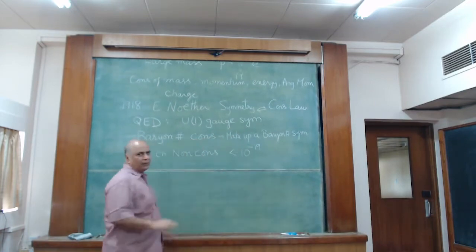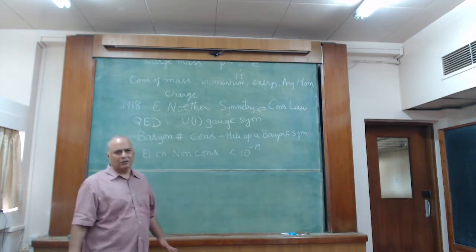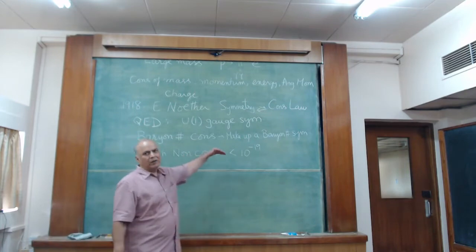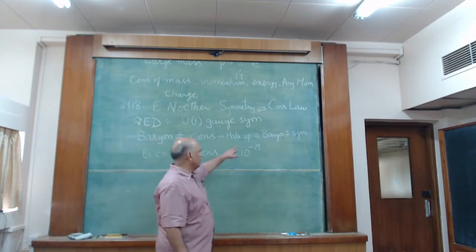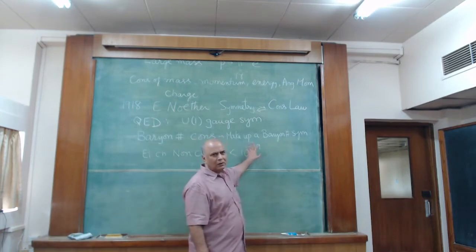I should put less than, because nobody has seen a violation of electric charge conservation. So we set an upper limit on electric charge non-conservation. This number is, if not 10 to the minus 19, 10 to the minus 18. It's a number of that order.